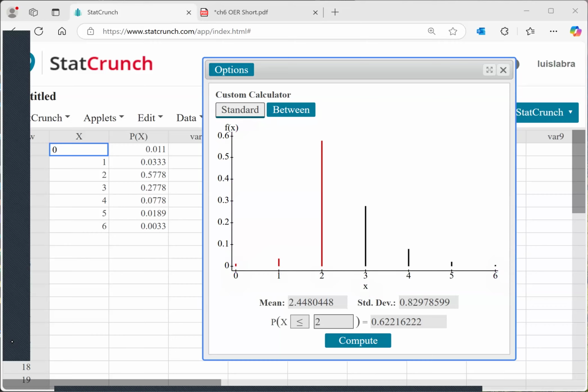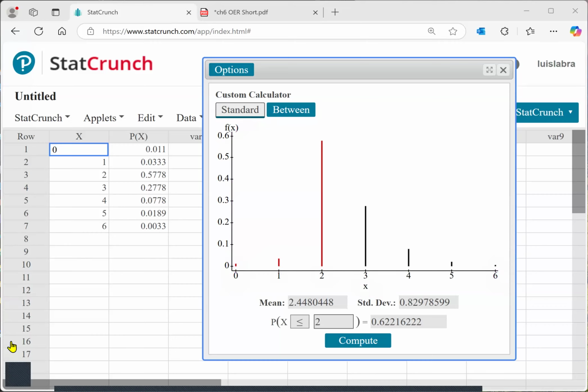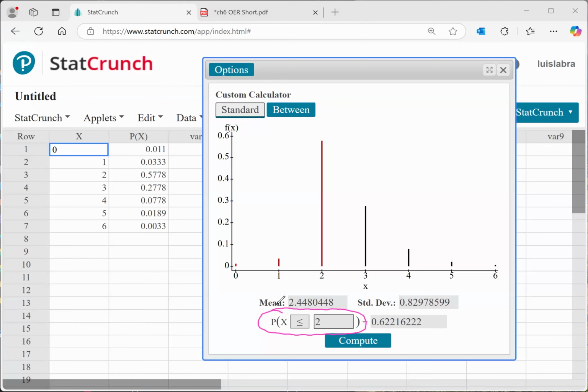All right, I want to show you one last thing, and that's this little part here at the bottom. This is the reason why it's called calculator. What we can do is change this and find the probability that a random variable will take on a specific value.